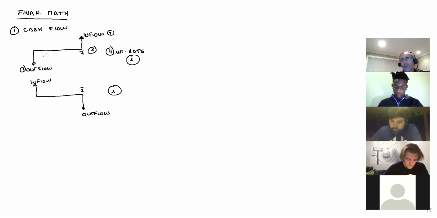This one here is called an investment cash flow. Why is it called investment? Because you put money first, you invest first, and then you hope to get money in the future. And this one here is a financing cash flow, because you receive money first and you need to pay back.